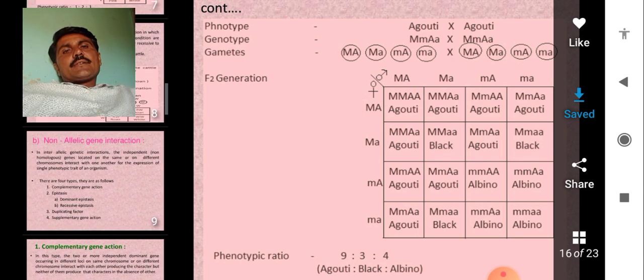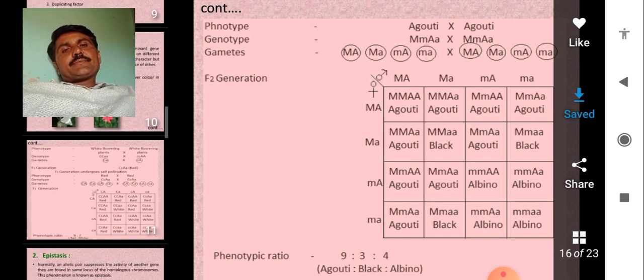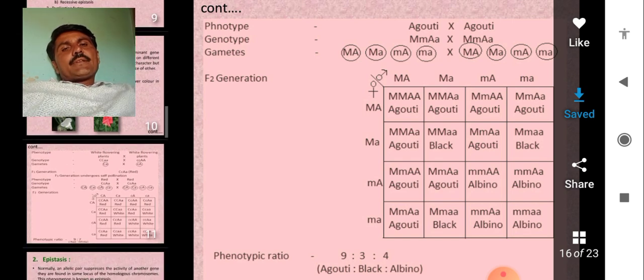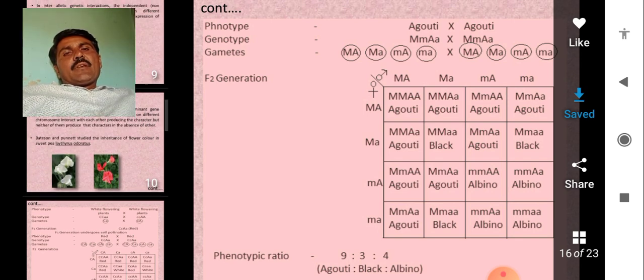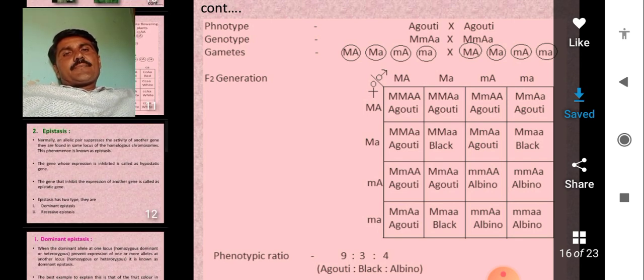Now, which are those? That is the complementary gene action, epistasis, dominant and recessive, the duplicating factor, and then the last one, the supplementary gene action. In the complementary gene action, we come to know that the ratio we find is 9:7 in the Mirabilis jalapa plant.